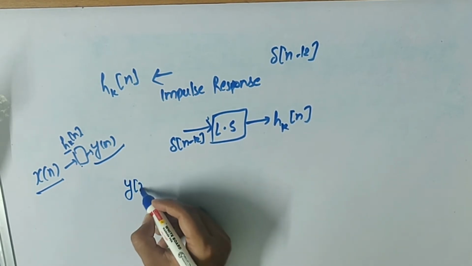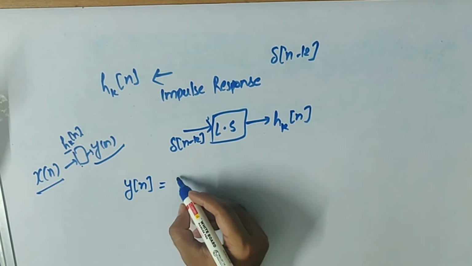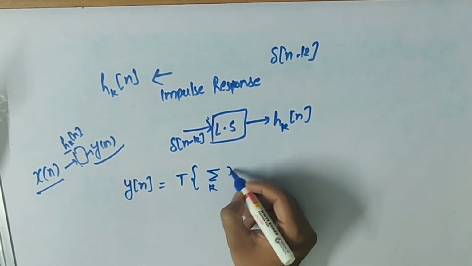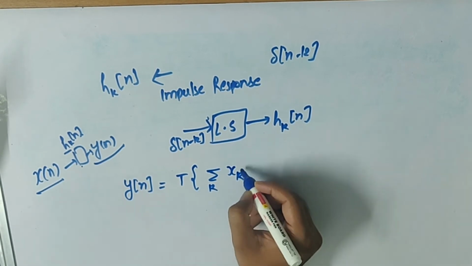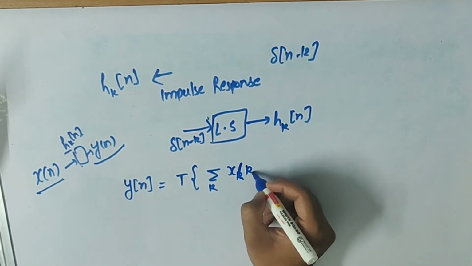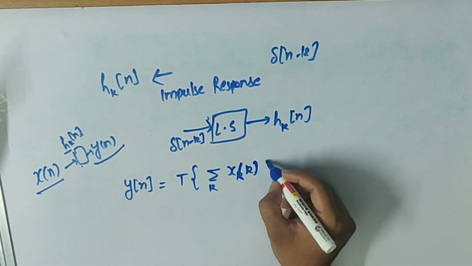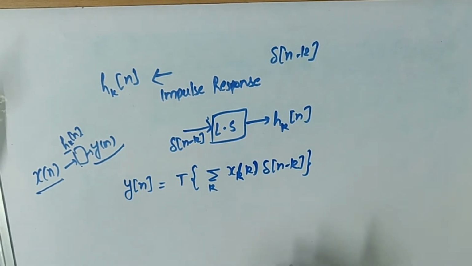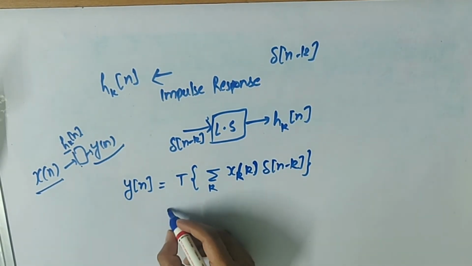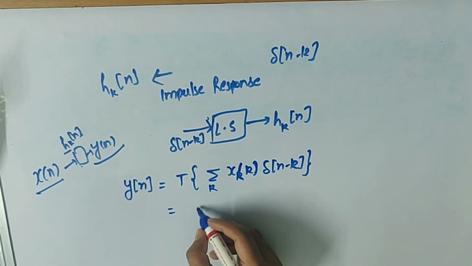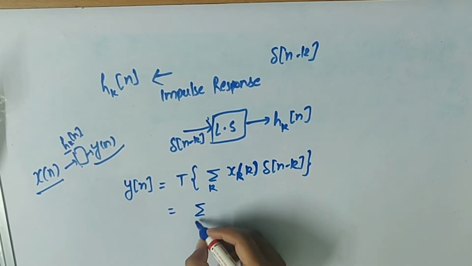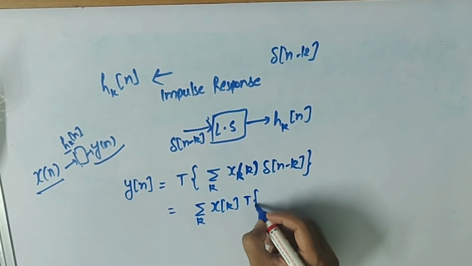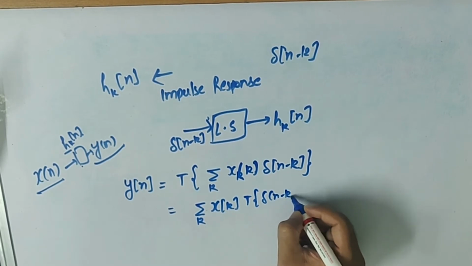We can write y[n] as the summation over k of x[k], since we can write the input as a linear combination of delayed impulses, following linearity or the superposition principle, T of delta[n minus k].